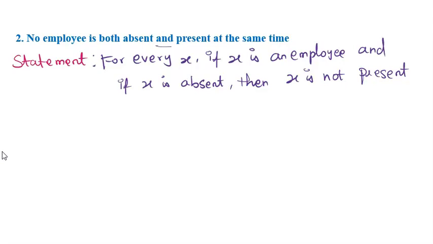How to convert with another easy step? You can split the sentence like this also. As we know, the universal quantifier is for every x.